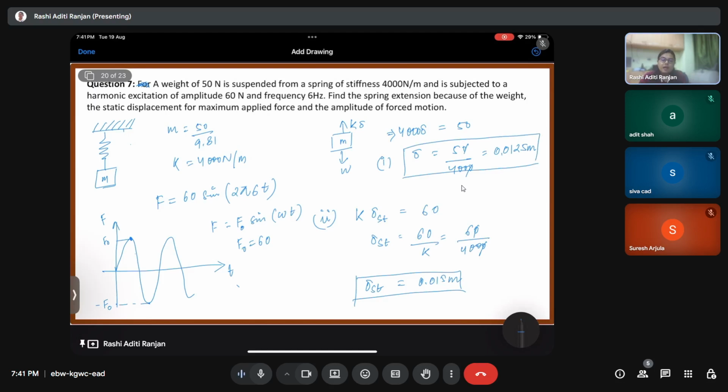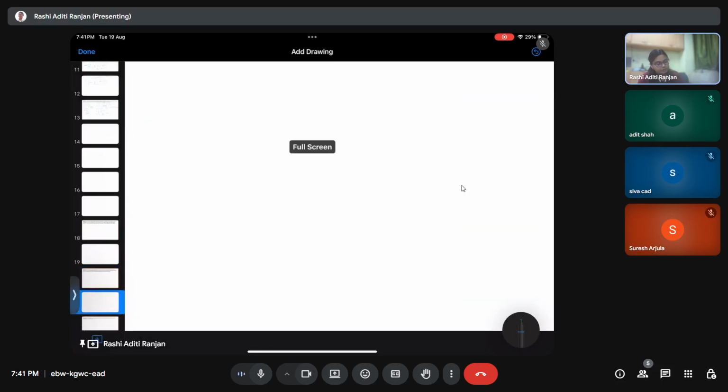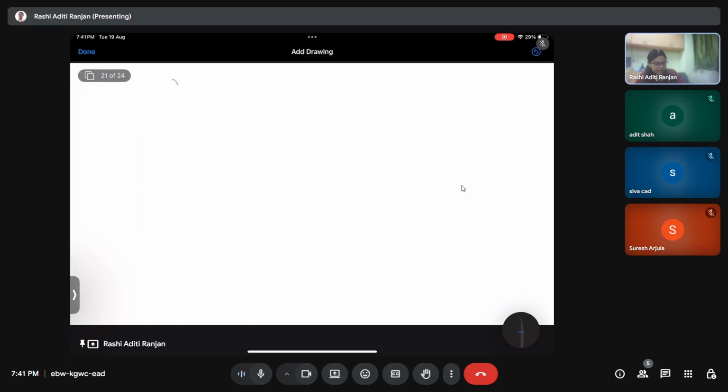Third, we have to find out the amplitude of forced motion. So we had an expression of the form capital X by delta static is equal to 1 by under root of (1 minus r square) whole square plus (2 eta r) whole square.